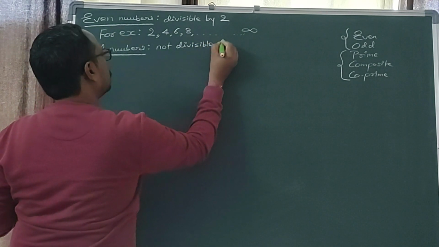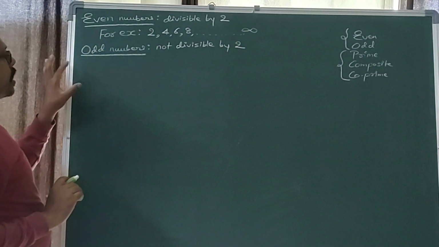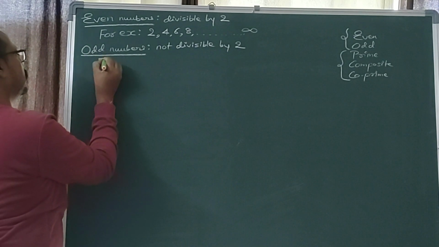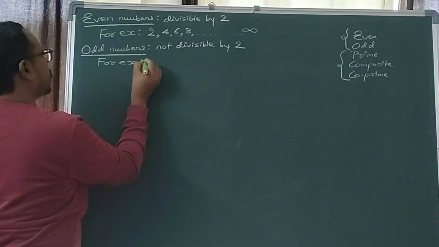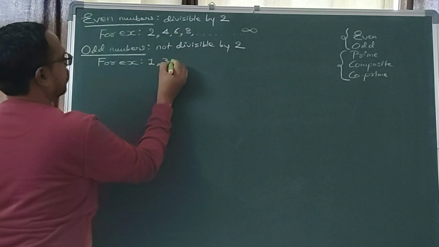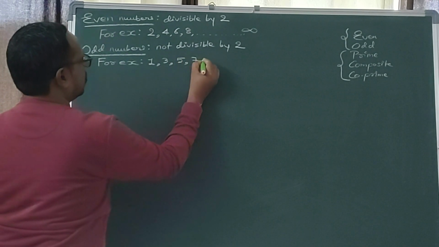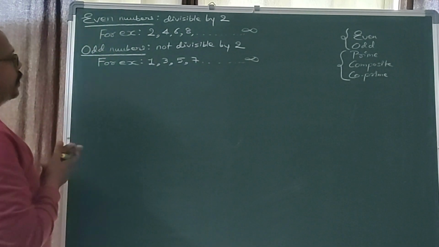Not divisible by 2. So what are the examples? For example, you can say 1, 3, 5, 7, and go till infinity, right?